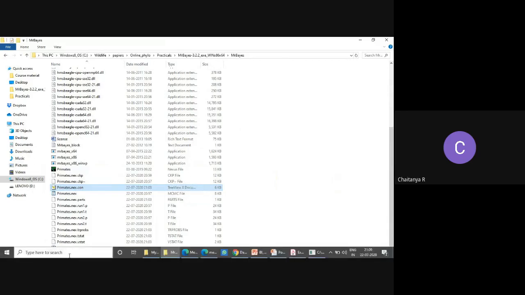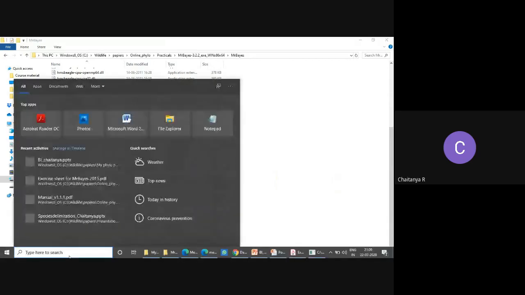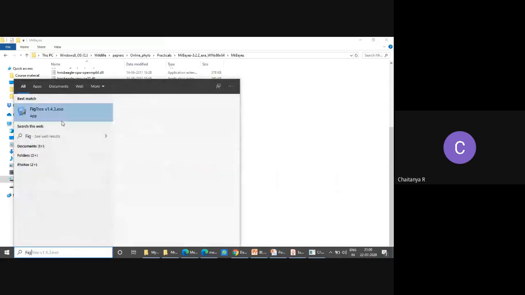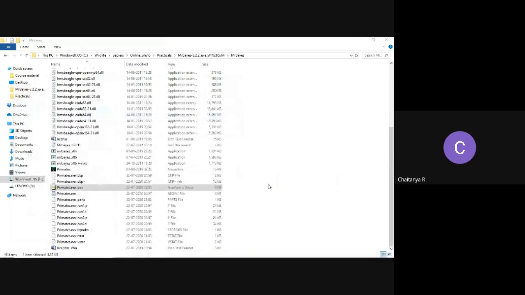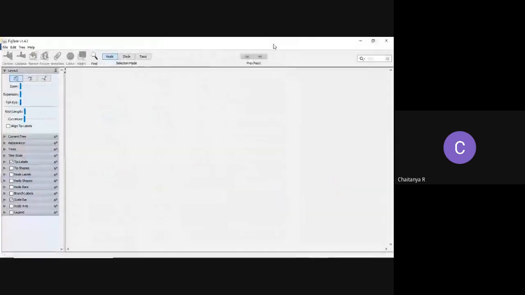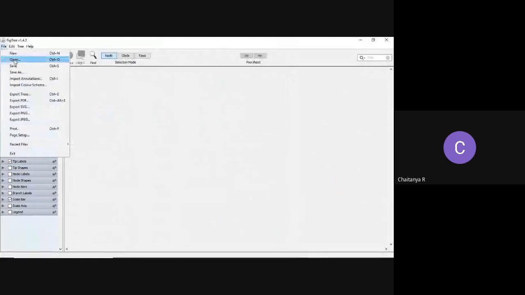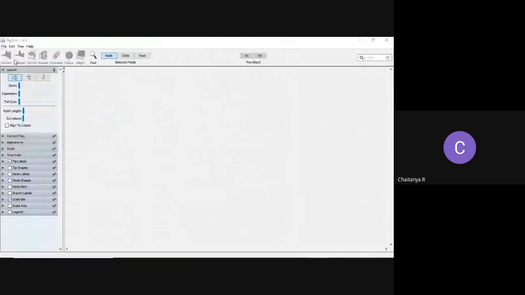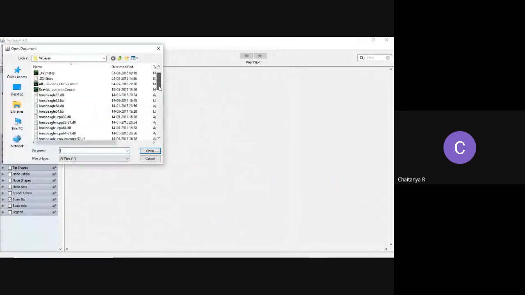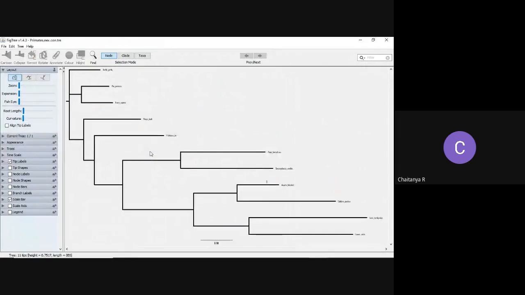I'm going to open this file using a program that Roy showed called FigTree. I say file, open, straight to the consensus tree over here. I say open. Right? So there, it gives me a tree.